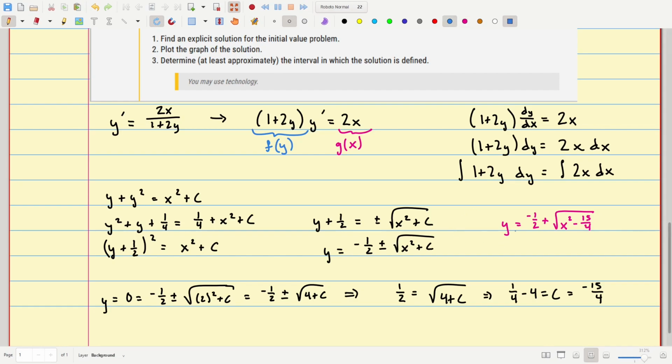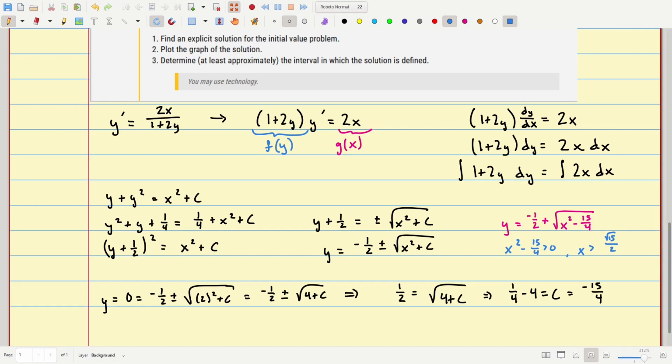We're asked to determine when our solution is defined. The obvious restriction to the domain here is that we require our radicand to be positive. So that means that we require that x is going to be greater than the square root of 15/2.